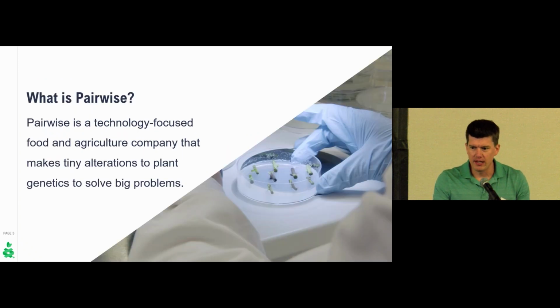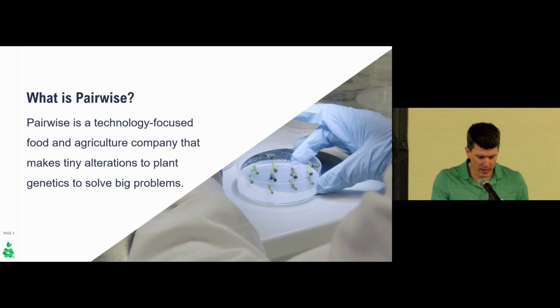So Pairwise is a technology-focused food and agriculture company. We mostly use gene editing to affect plant genetics in ways that create novel traits that benefit consumers as well as growers and supply chain participants.